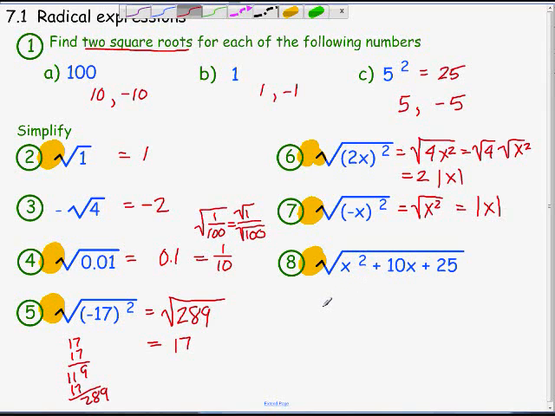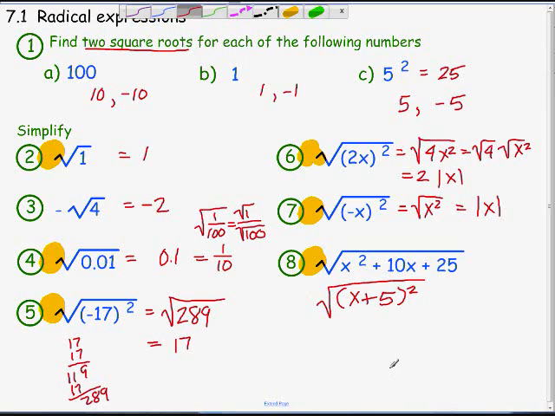Okay, now for this one, this is going to be the positive square root of however this factors. Now this is a perfect square trinomial. You can prove it. I'm not going to take the time for that right now. We are saying the square root of x plus 5 squared.